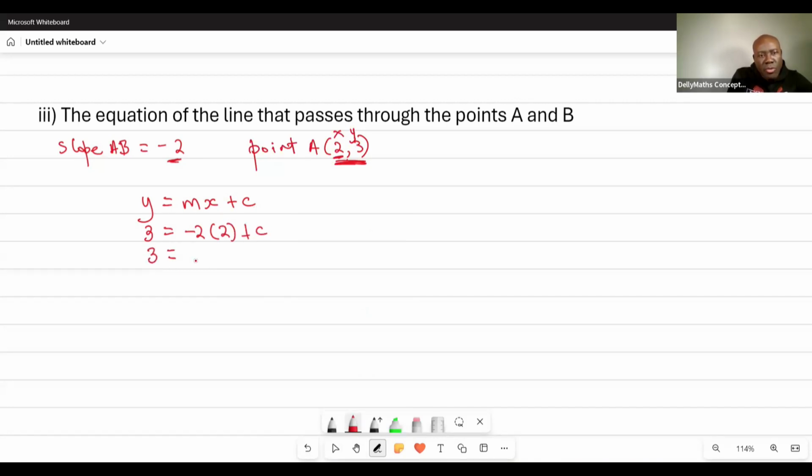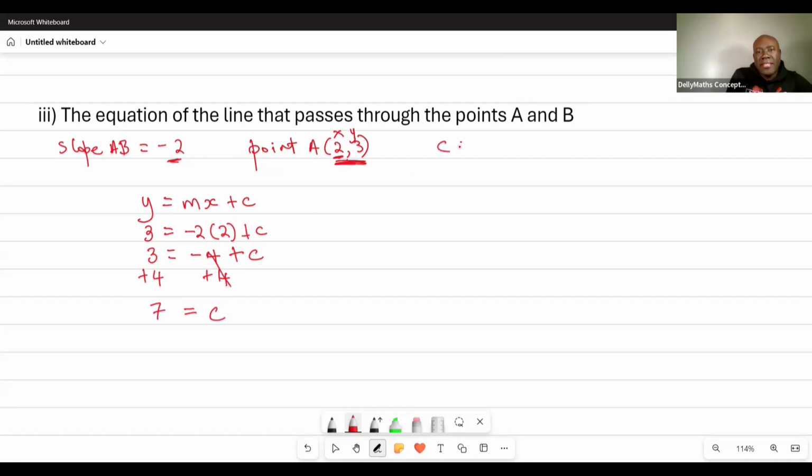So 3 is equal to -2 times 2, which is -4, plus c. To find c, to have it isolated, I'm going to add 4 to both sides. So 7 is equal to c.